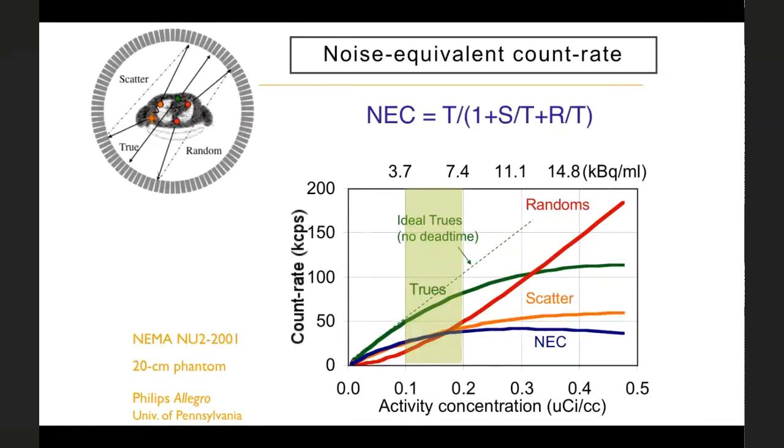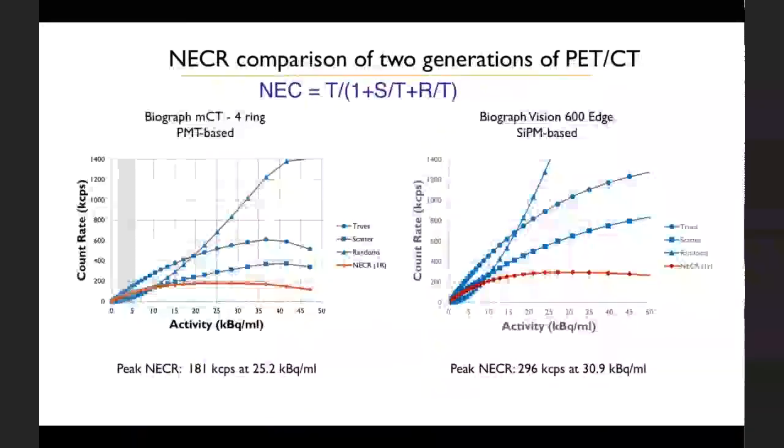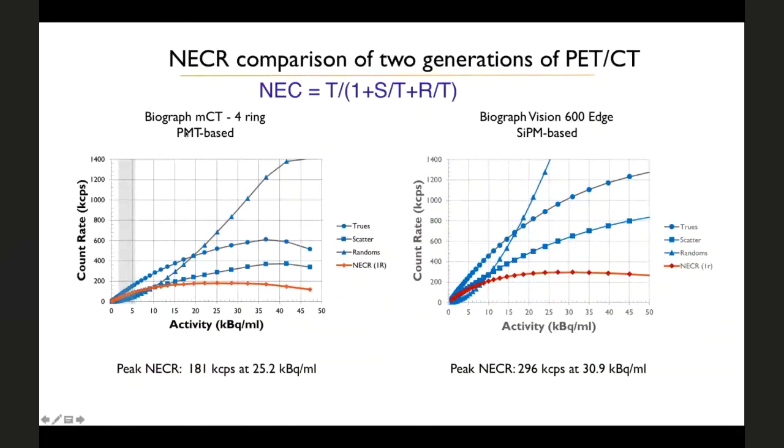So what happens when we compare this information from 2 generations of PET-CT? What you're seeing here on the left is our measurements for when we received our Biograph mCT, which is a 4-ring system. It's based on PMTs. And you see the same 3 graphs.